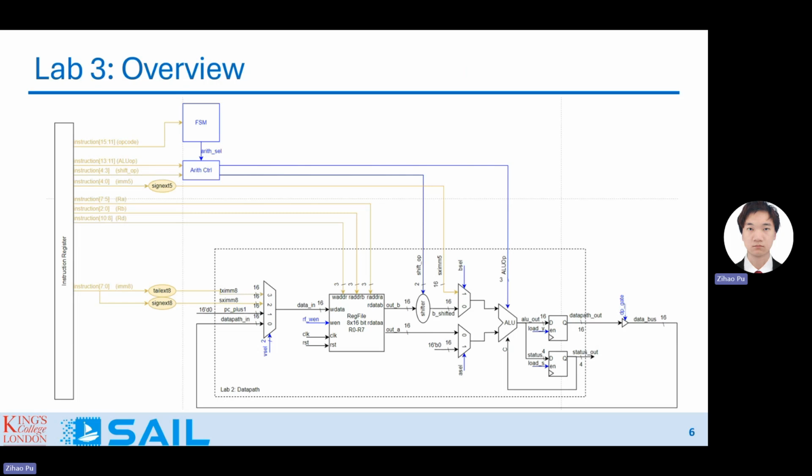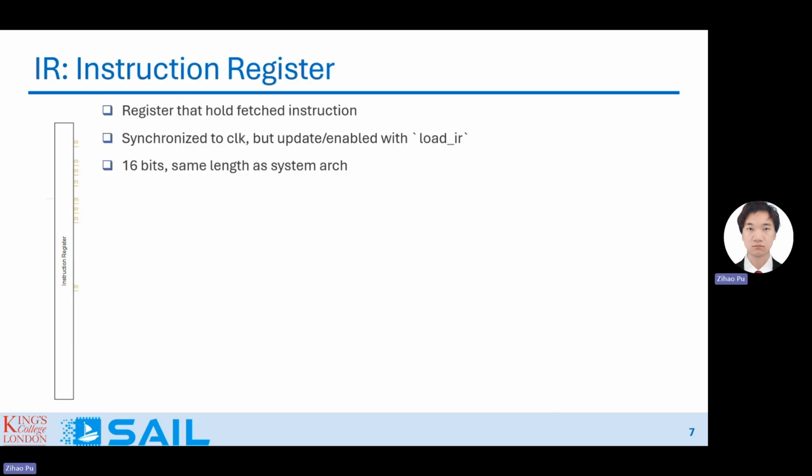So this is an overview of our lab 3. You can see you already have something from lab 2, right? The data path. Now you are going to add an instruction register along with the FSM. I hope you are familiar with this because it is exactly what we have already covered in our lecture. Let's have a quick recap on what we have to do. The first thing is the instruction register.